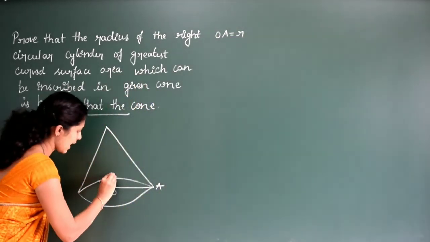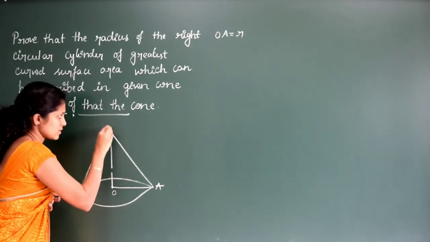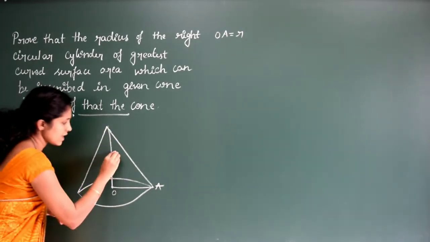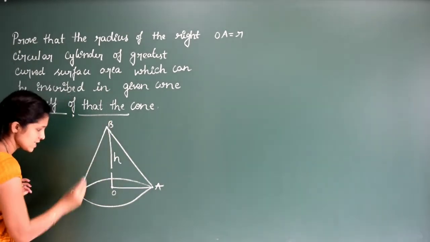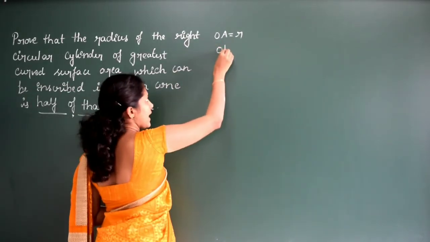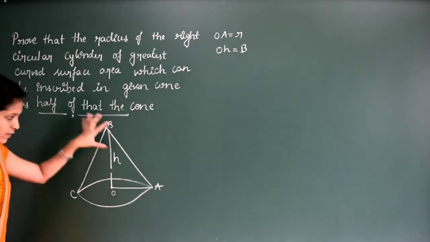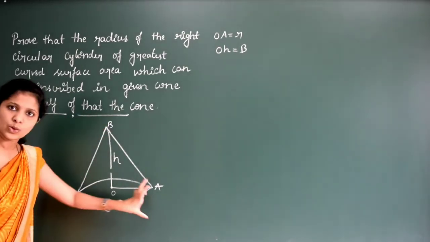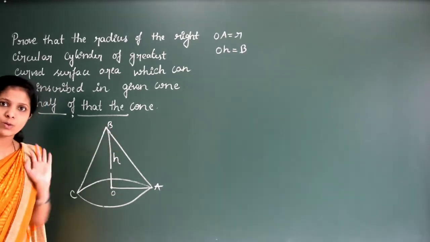Now this is the height of the cone, that we will consider as H. So this is A, this will be B, and this is C. Then the height of the cone, that is OB, is equal to H. Is it clear? We have considered one cone and radius OA is equal to R, and height of the cone is OB, which will be equal to H.